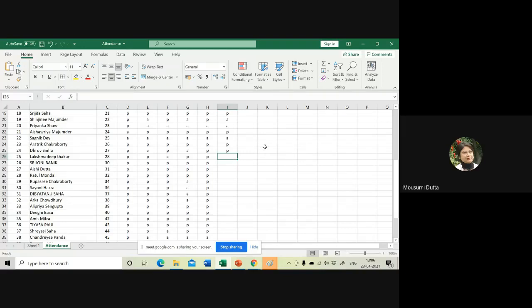Lakshadweep. Present, ma'am. Srijani. Present, ma'am. Aishi has come in.